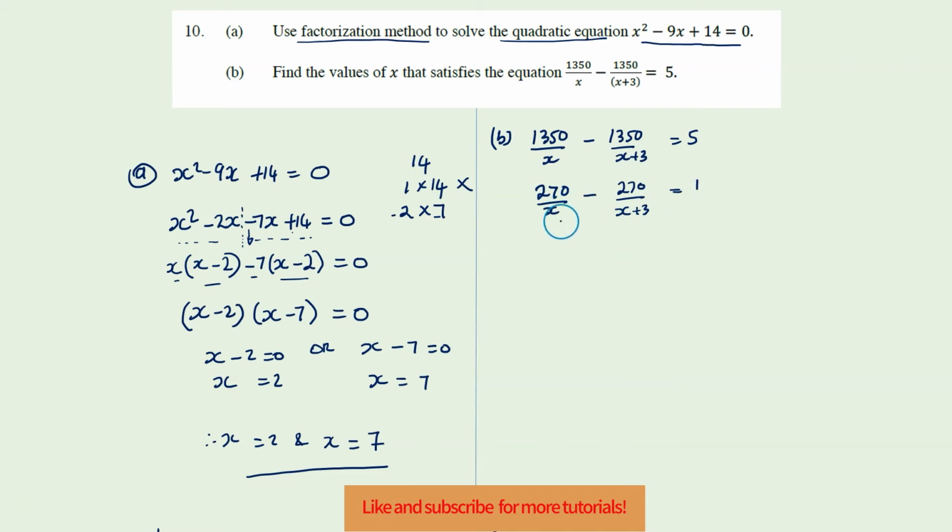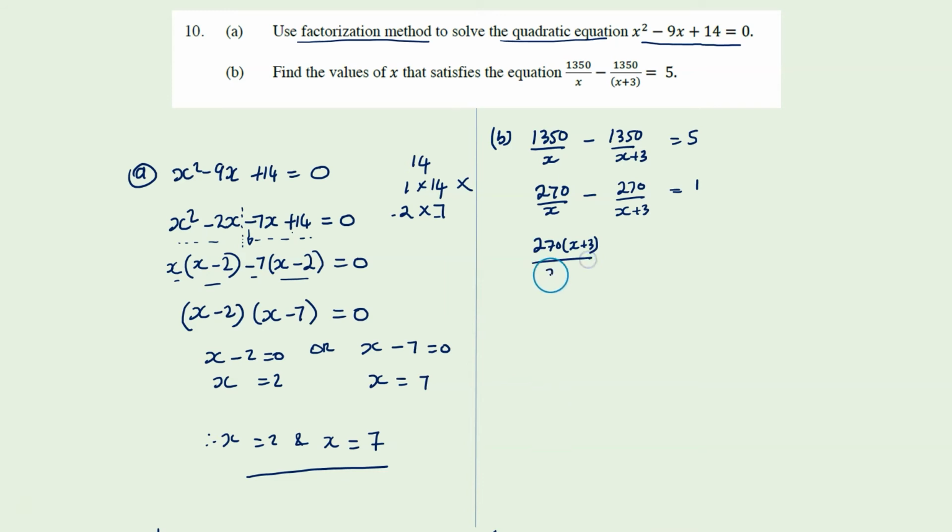Now these are fractions, so I must have the same denominator. I'm going to multiply the top number by x plus 3, and then I will have x times (x plus 3) here, minus 270. I need to multiply this by x, so times x over x plus 3 equals 1. And now I can join them up.